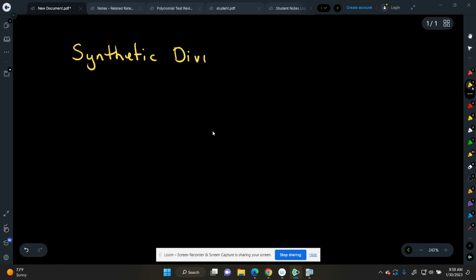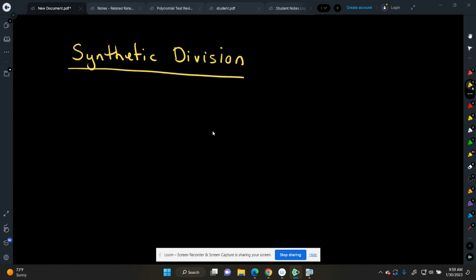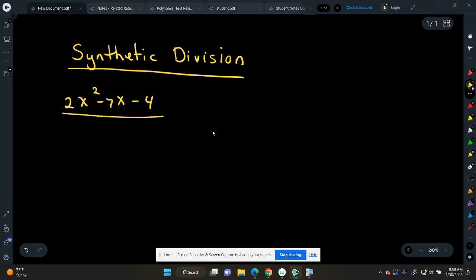Again, this is not hard. You just have to pay attention because it's just a matter of bringing the numbers where they belong. So I'm going to use the same example. We have 2x squared minus 7x minus 4 divided by x minus 4.